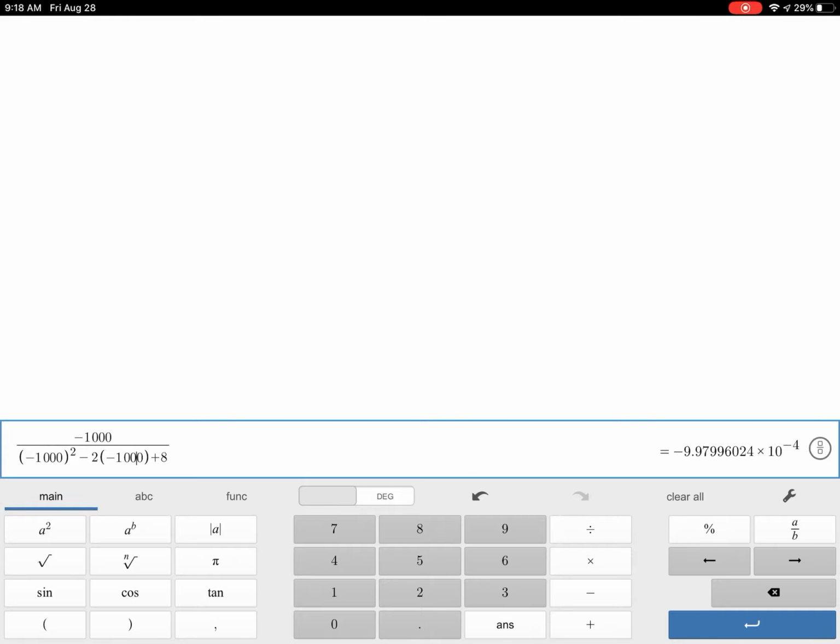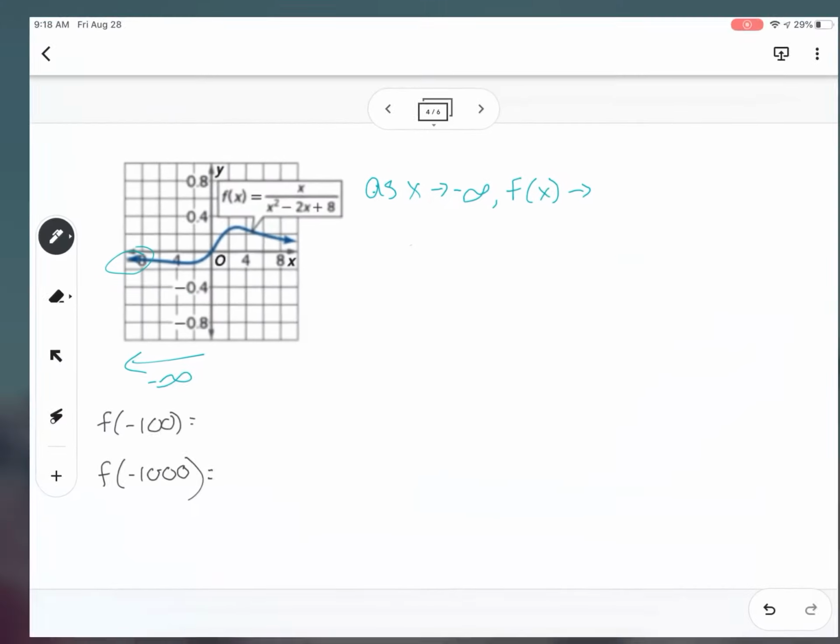And now we know what it is for negative 1,000. Now, it's not negative 9.979, because if you see, there's that times 10 to the negative 4. That's scientific notation. I'll show you on the other screen.